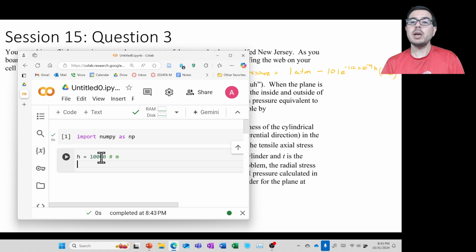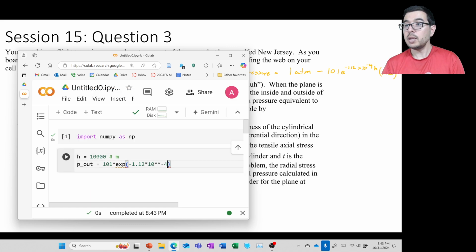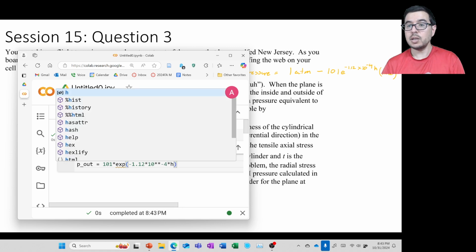We'll go ahead and calculate the P outside. So P out at 10,000 meters. That's going to be 101 times the exponent of minus 1.12 times 10 to the minus 4, times h.